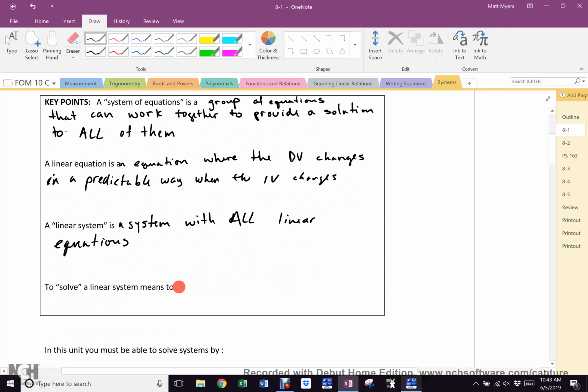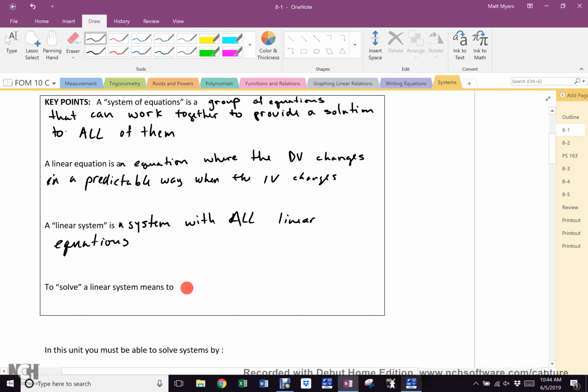All right. So to solve a linear system means we need... How many variables are there in one linear equation? 2, an IV and a DV, yes? So, to solve a linear equation, I must find a value that works for IV and DV, yes? So what must I do to solve a linear system? How many IVs and DVs must I find? For however many equations there are. Well done. Everybody understand?